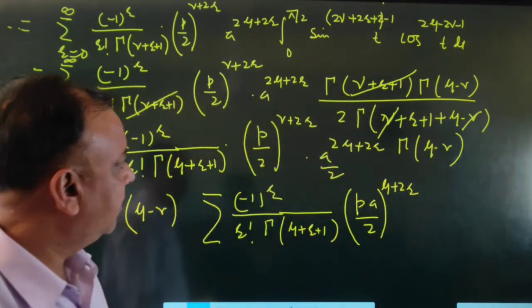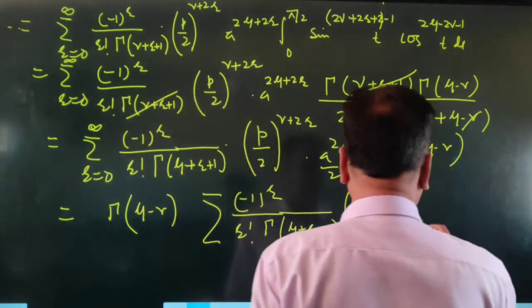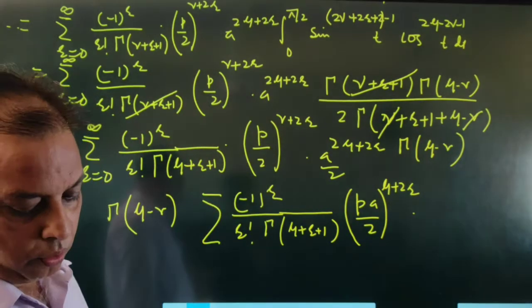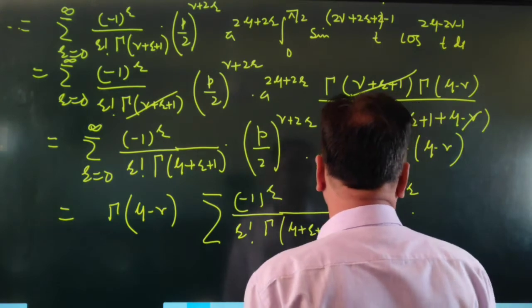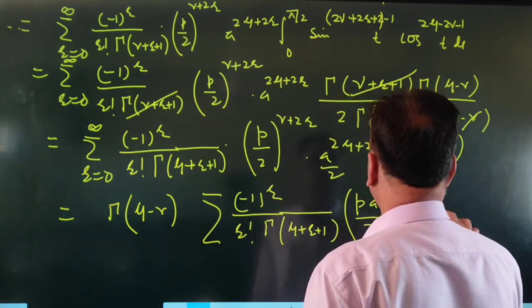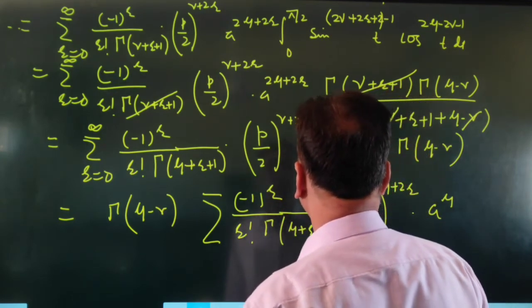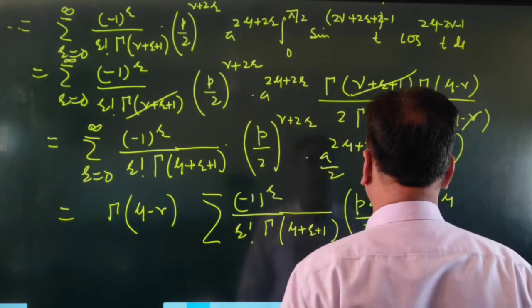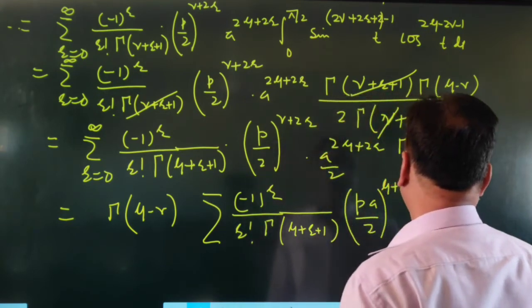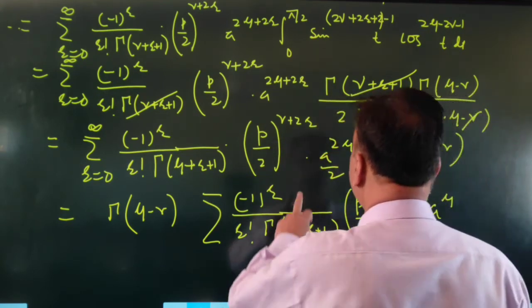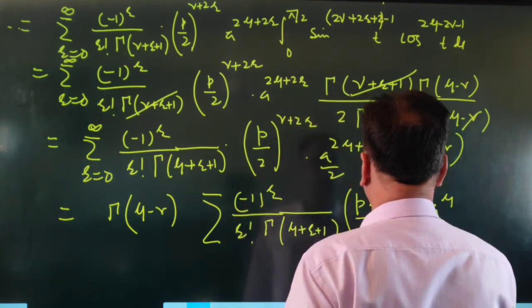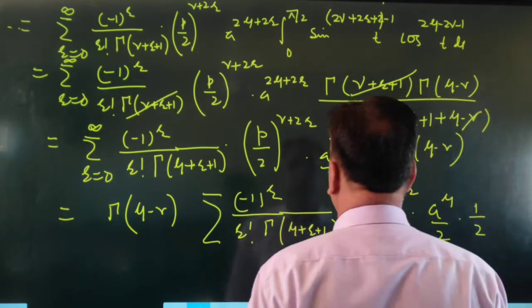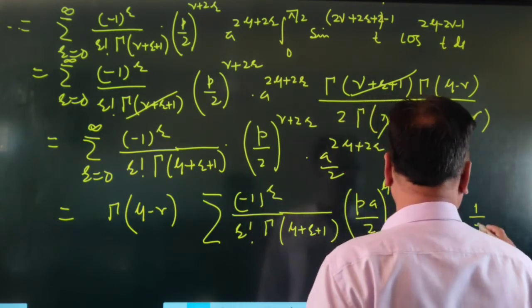We will make this result, so we get this one multiplied by pa by 2 raised to mu plus 2r, into a raised to mu here, upon 2, this remains into 1 by 2 raised to mu plus 2r, so 1 by 2 raised to nu.